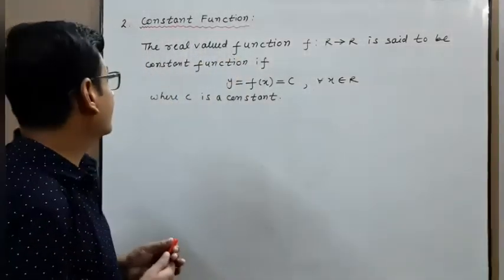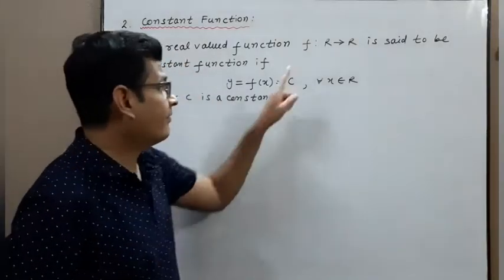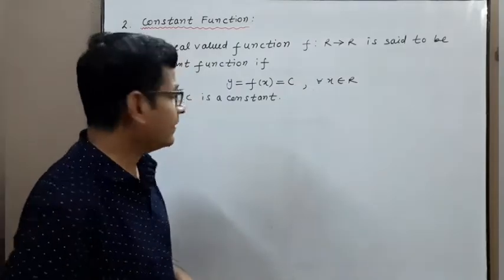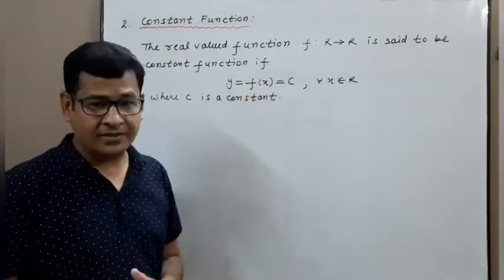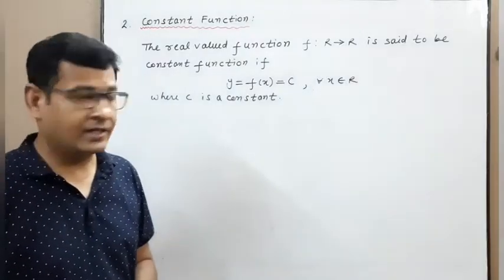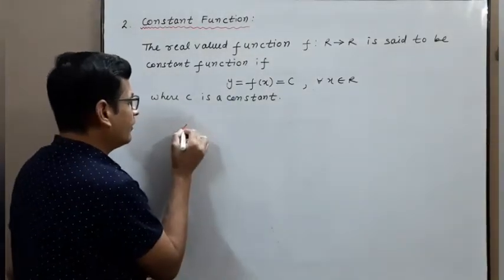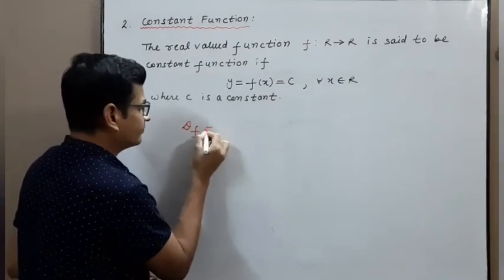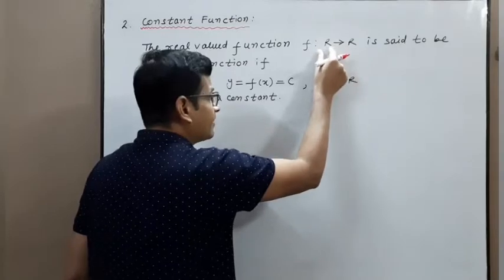Next, constant function. The real valued function f from R to R is said to be a constant function if y equal to f(x) equal to c for every x belonging to R, where c is a constant. Domain of the constant function. f is a function from R to R. The first set is always called the domain.